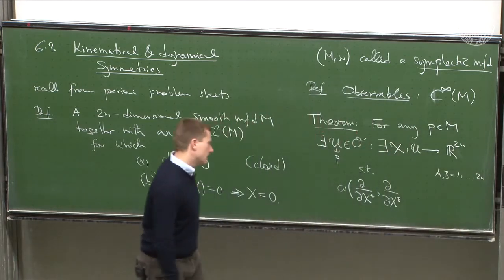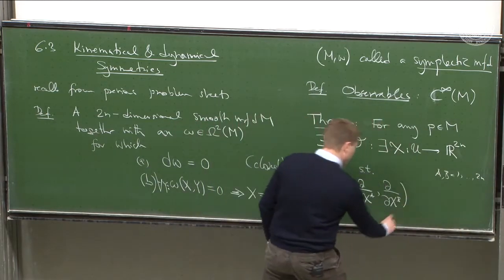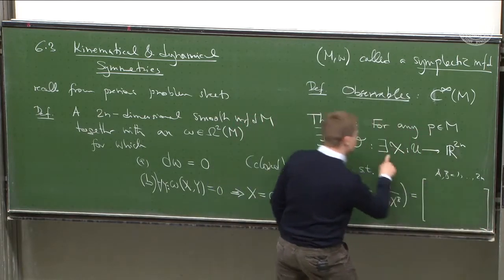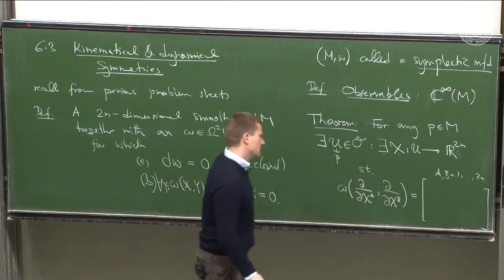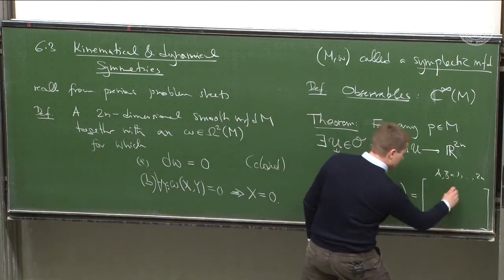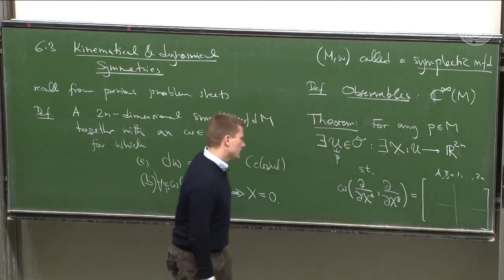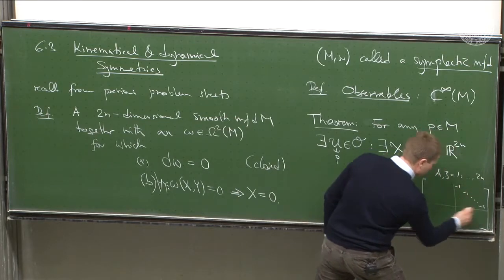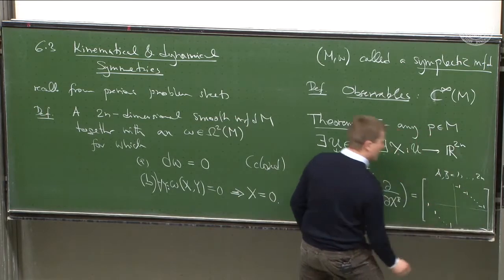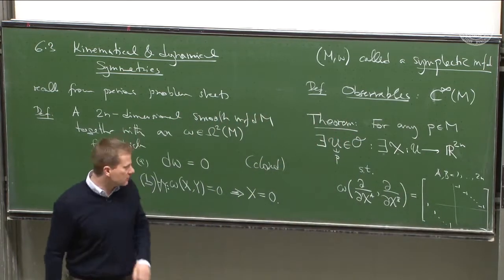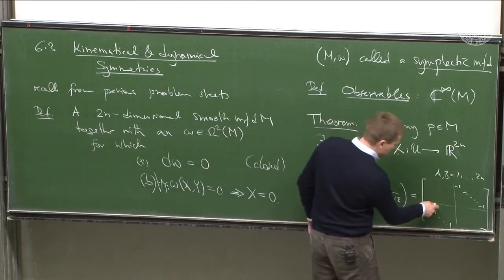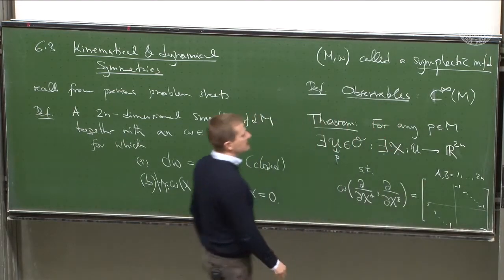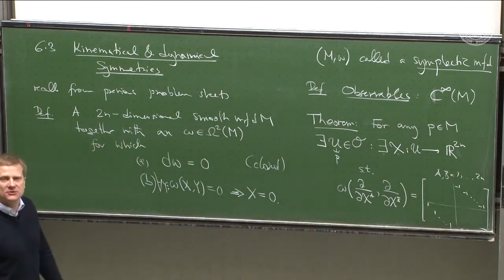I label the coordinate-induced tangent vectors such that, and that's the statement of the theorem, there exist coordinates on such an extended region such that the omega looks like this, and all the remaining entries are 0. I indicated here 2 blocks where each block has the size n. So in total, this is a 2n by 2n matrix.